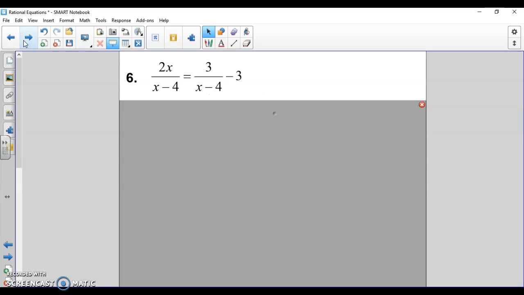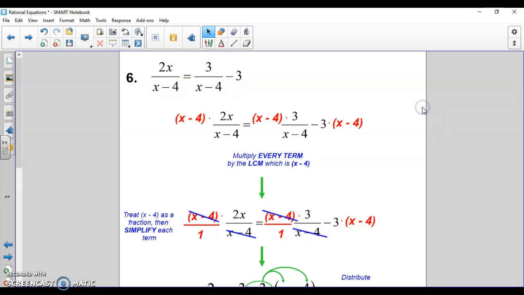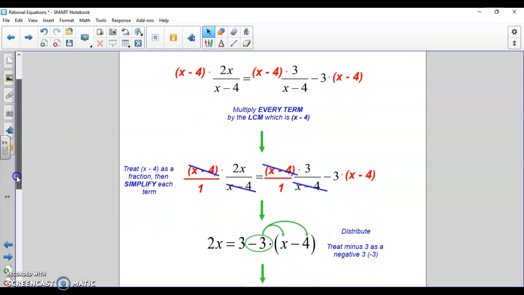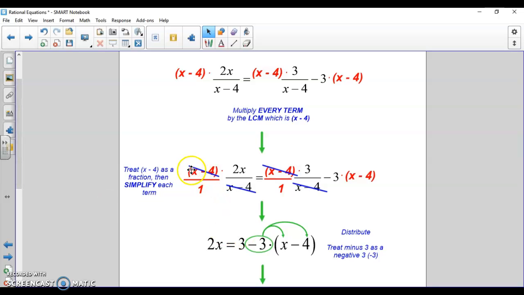These ones look a little bit more difficult just because they have something more on the bottom, but these have the same term on the bottom. It's just x minus 4. So x minus 4 is our common multiple, and it's what we multiply everything by. On this one, you just got to watch yourself on what's left over. The x minus 4's cancel out completely. So nothing's left over on these first two terms.